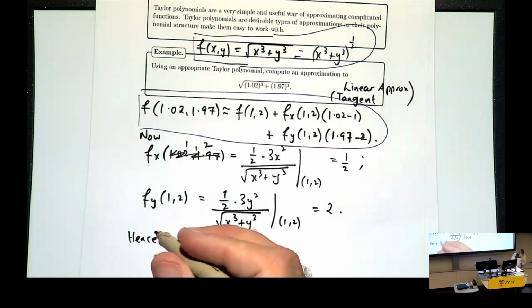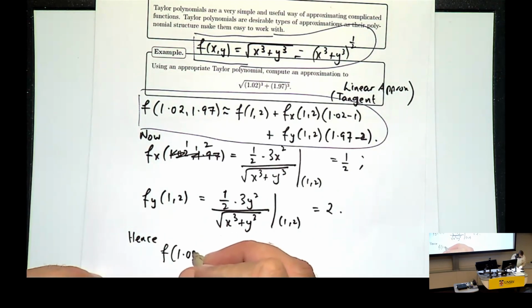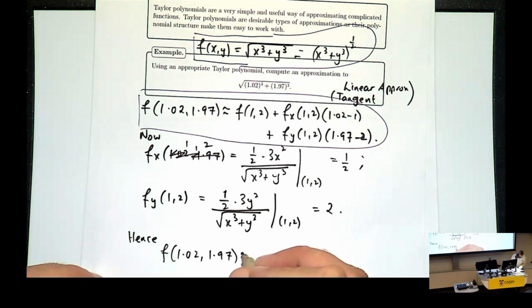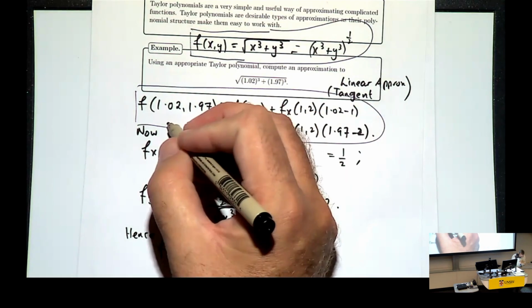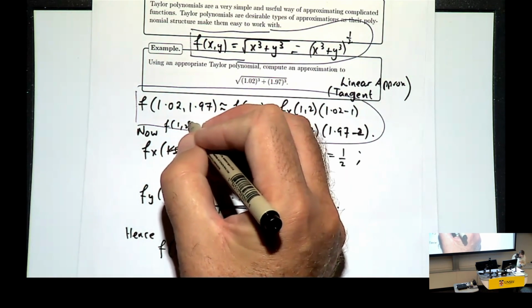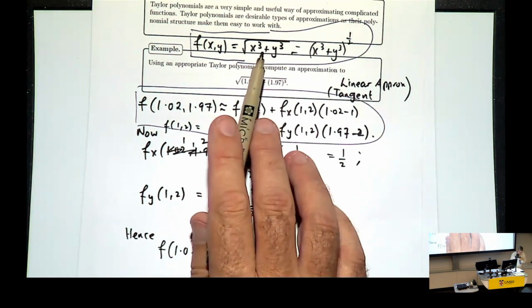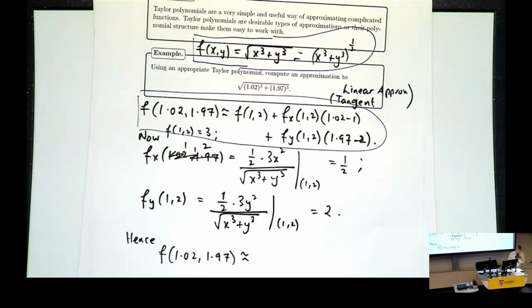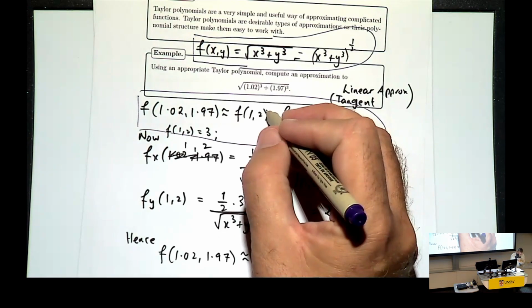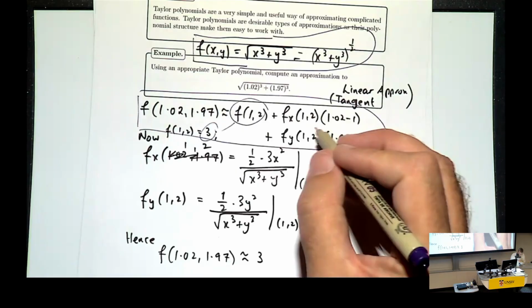So writing those as fractions. f of 1, 2, let's work out f of 1, 2 too. Okay, so that's going to be 3. That's that term.